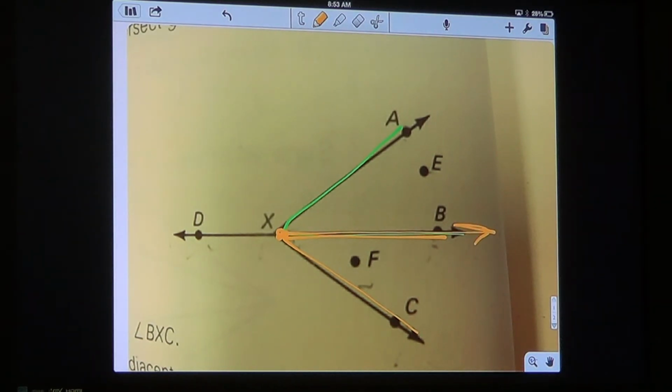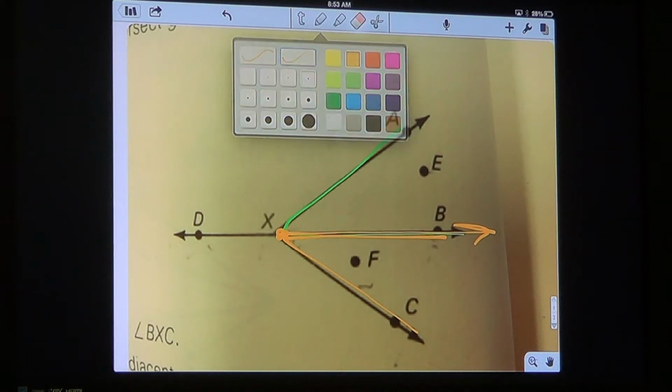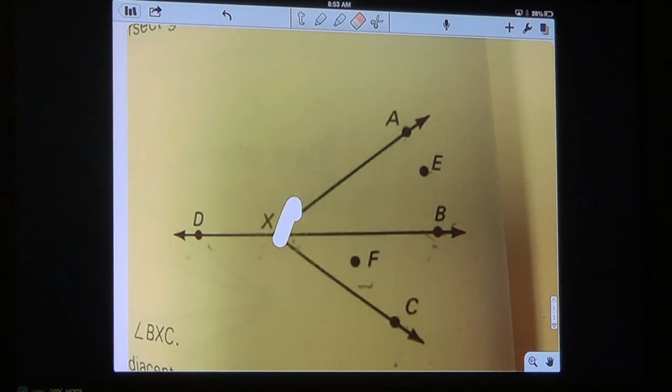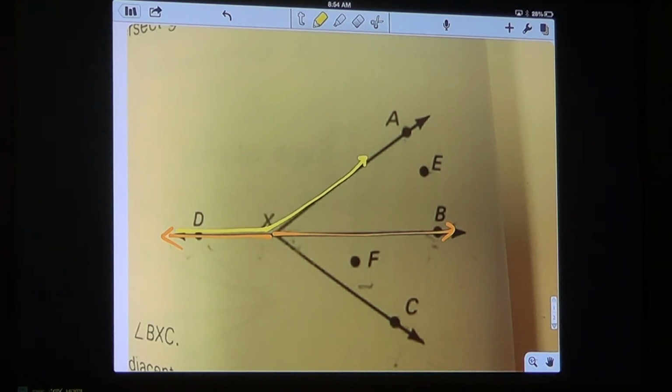And XD and XB are the exterior sides of adjacent angles DXA and AXB.